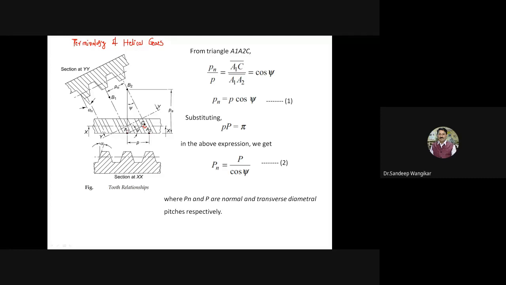So cos of psi is equal to A1C divided by A1A2.